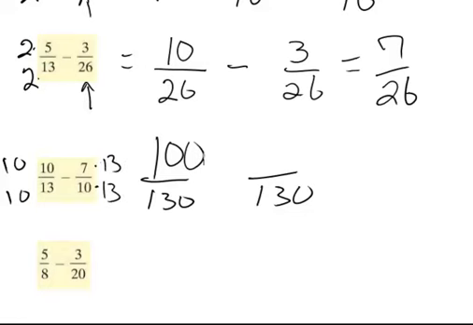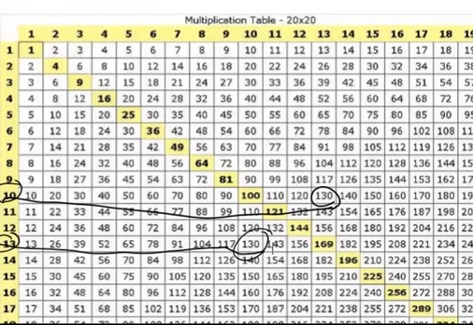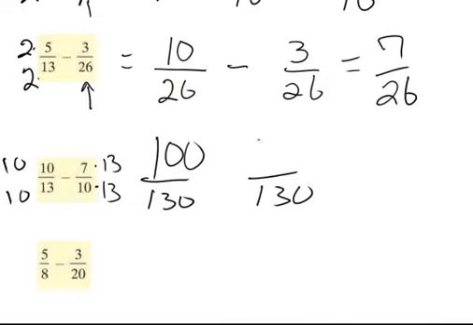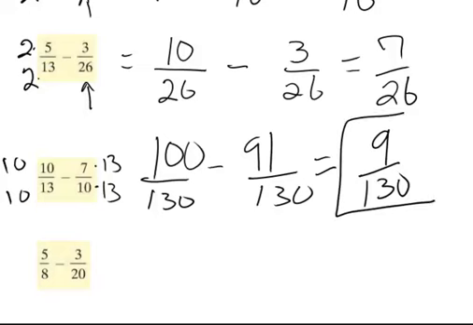I'm actually going to use my chart since I have it right here. 13 times 7 is 91. So I'm going to go ahead and write 91 right here. I'm subtracting, so I'm going to just take away 91 from 100, and end up with 9 over 130. And now I'm done.